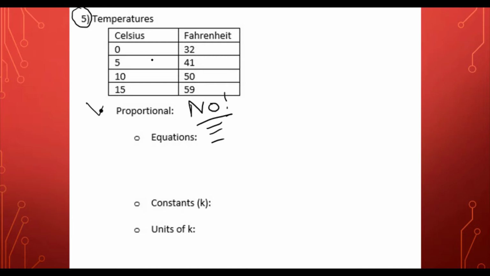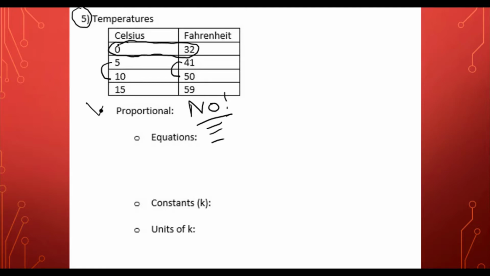And there's two ways to tell. One, hey, if you double Celsius from 5 to 10, does Fahrenheit double from 41 to 82? And the answer is no. So that's one way to tell. Another way to tell is right here.